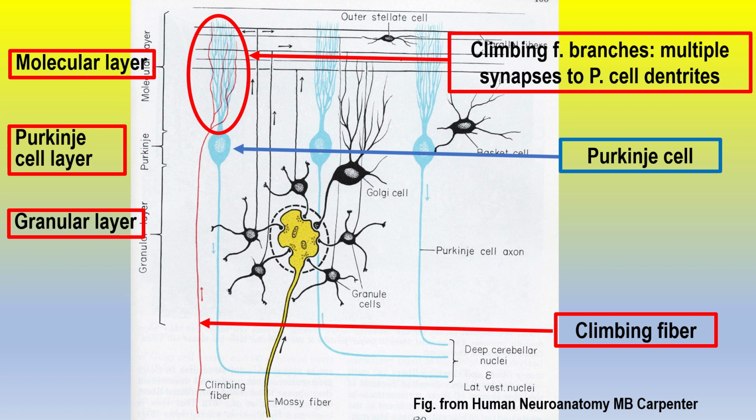Olivocerebellar fibers become climbing fibers and terminate on Purkinje cells arranged in longitudinal rows perpendicular to the cerebellar medulla.